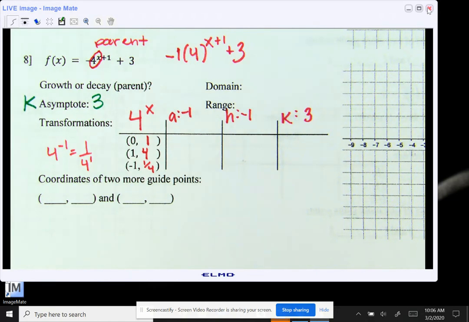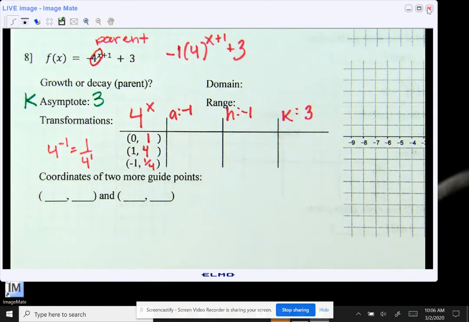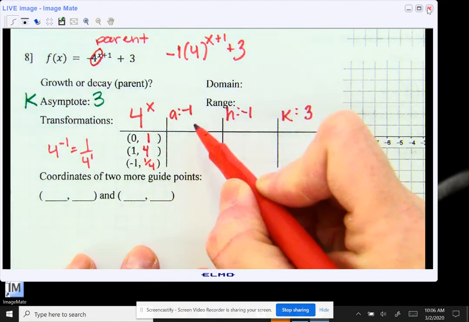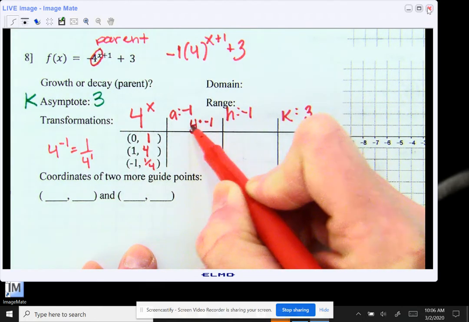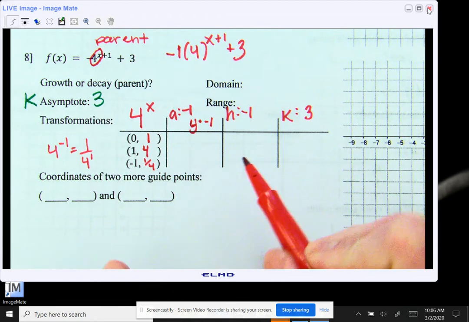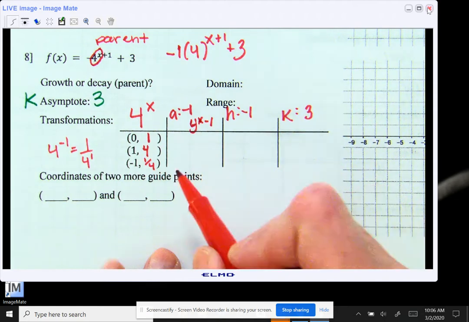All right, so for a is -1, remember the a is our vertical stretch, right? That means our curve is going to either compress or stretch by a scale factor of whatever a is. Because it's vertical, our y coordinates are going to change. So it's going to be y times -1.